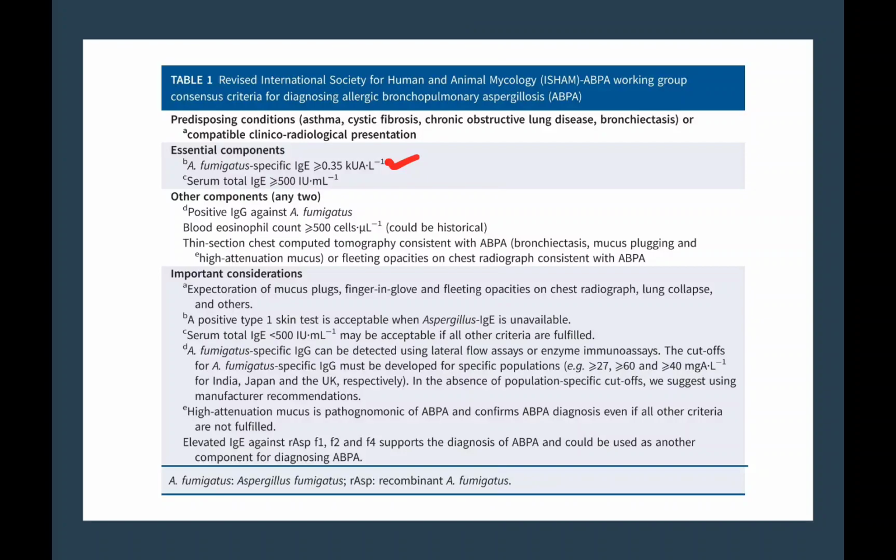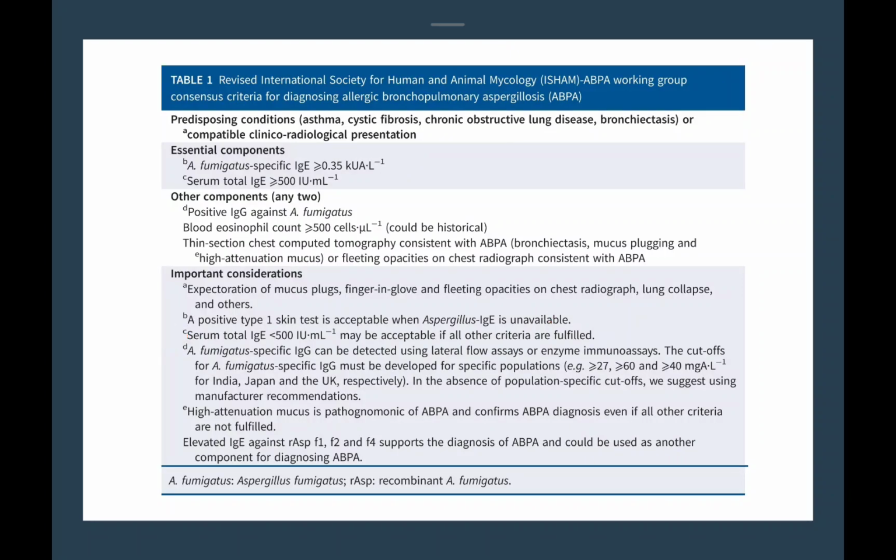Initially it was 1000, now they are recommending only 500 international units. And if the patient has clinical symptoms and all other criteria are met, then even if it is less than 500, we can consider it as ABPA.